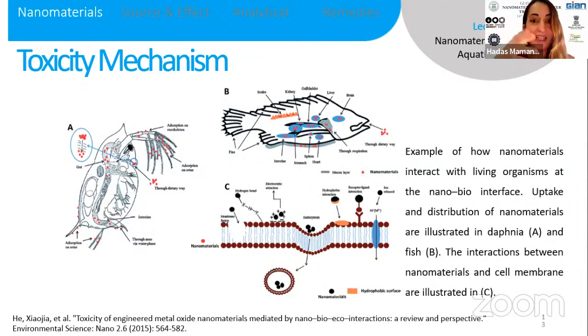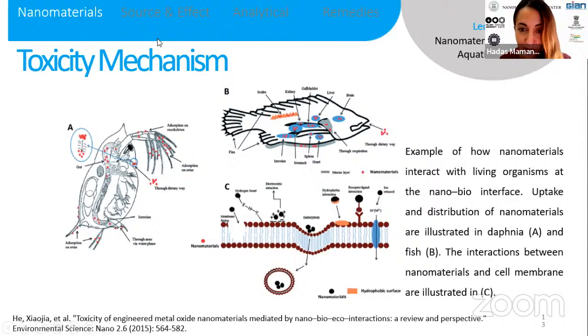If the binding is favorable between the nanoparticles and the proteins, this can result in all these phenomena, as we said, such as protein denaturation, or it can result in the nanoparticles attaching to these protein coronas, and they will be recognized by the immune system.